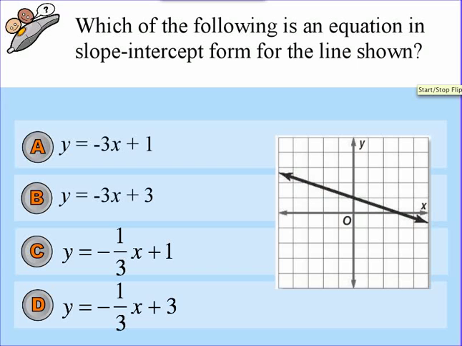Last but not least, these are 3 problems. Which of the following is an equation in slope-intercept form for the line shown? First thing you're going to look at is the y-intercept. Then you're going to look at the slope.